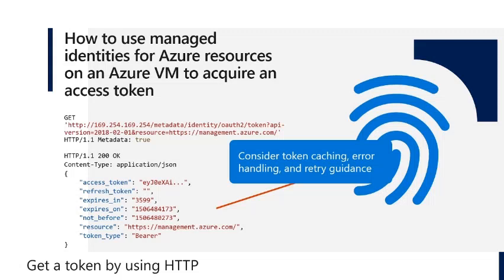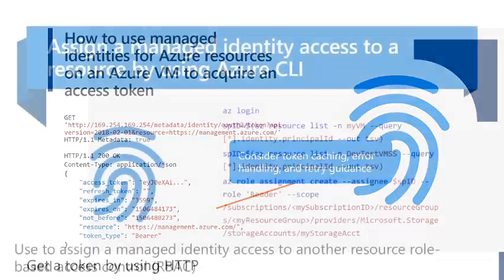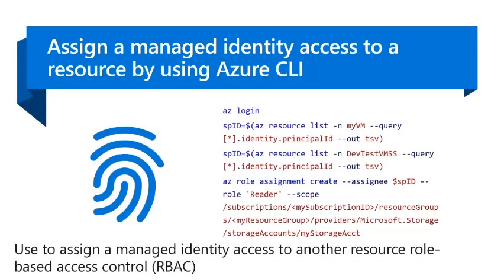Assign a managed identity access to a resource by using Azure CLI. What we need to do? We are going to use role-based access control to assign managed identity access to another resource.